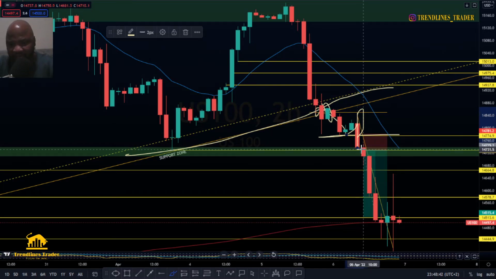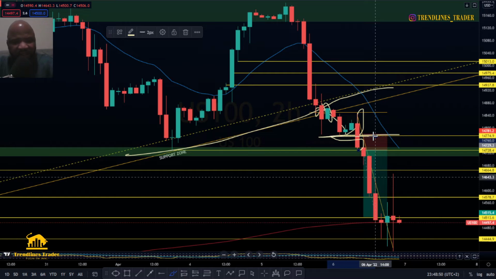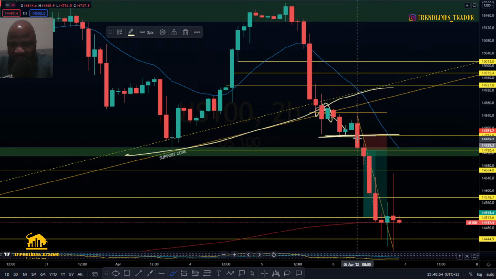Then I was expecting to see the price retesting this level before I place my buy, but this is what happened. The price didn't make it to this level.